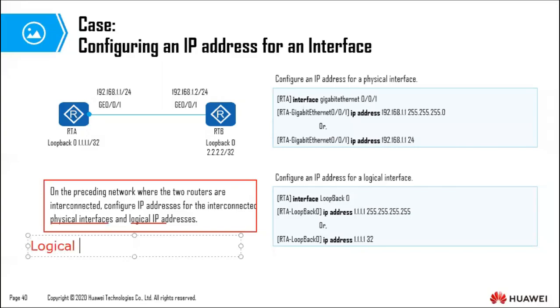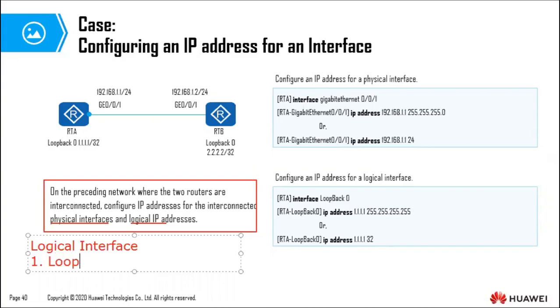Logical interfaces. So what we're saying is that you can either have a physical interface or a logical interface. A logical interface is a virtual interface. Virtual means you've just created it using the software, but it does not exist physically. Are we together? So a logical interface is a virtual interface.